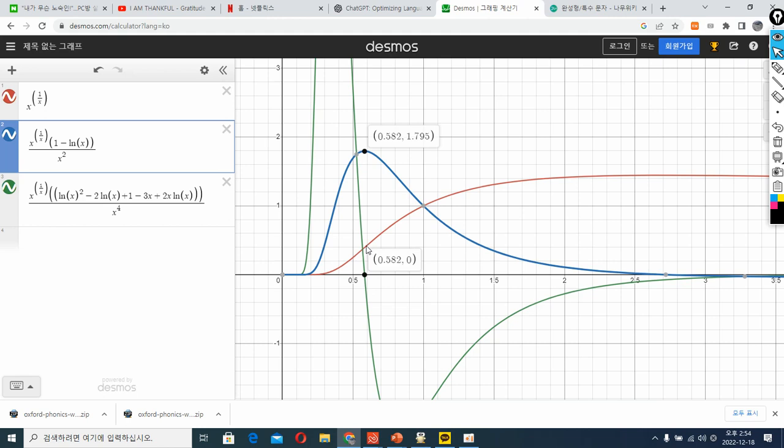So this means at this point, the red curve shape changes from concave up to concave down.